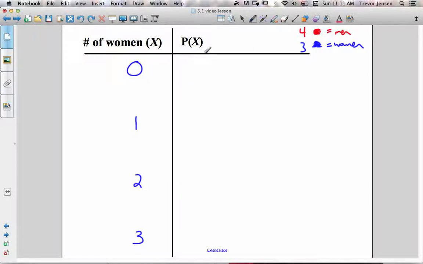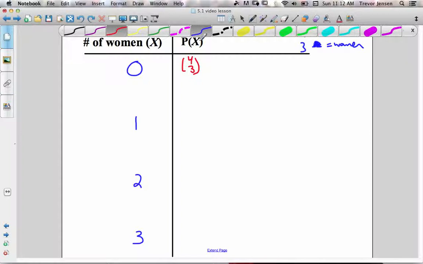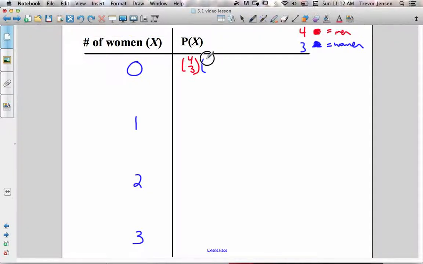Well, how many ways could I choose 3 men from a group of 4? Do 4 choose 3. And we're going to need to have 3 men and 0 women on this committee. And when we say and, you multiply. So I could multiply this by how many ways could I choose 0 women from 3. 3 choose 0. Anything choose 0 is just going to give you a value of 1.